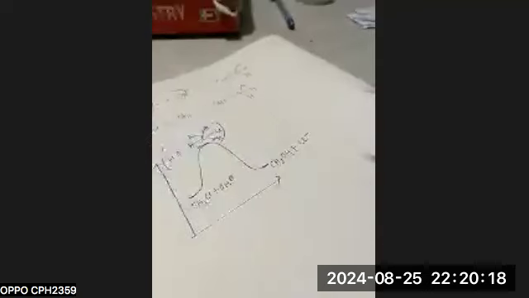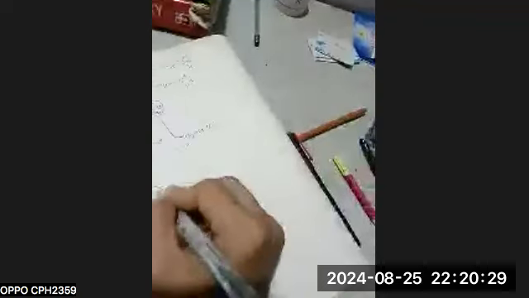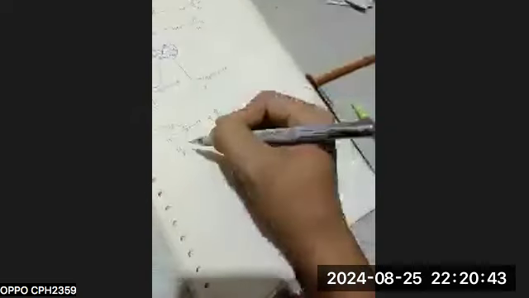If I take another molecule, suppose tertiary butyl chloride, the nucleophile cannot attack it directly. Due to steric hindrance, the nucleophile cannot attack from the front side or from the back side.